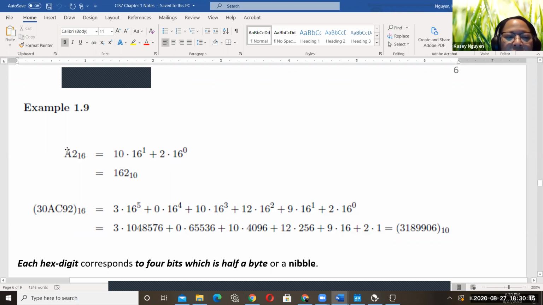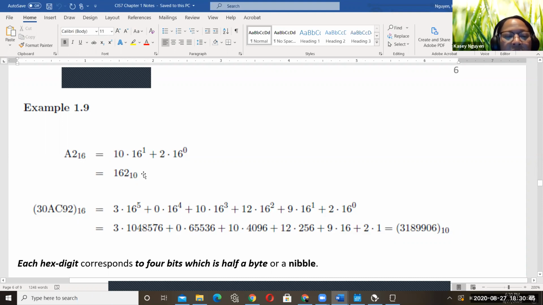In this case, we only have 2 hex digits. So this is going to be the calculation: 16 to the 0 times the rightmost digit plus 16 to the first times the next digit. Once we complete the multiplication and the addition, we should have 162 as the decimal equivalent.